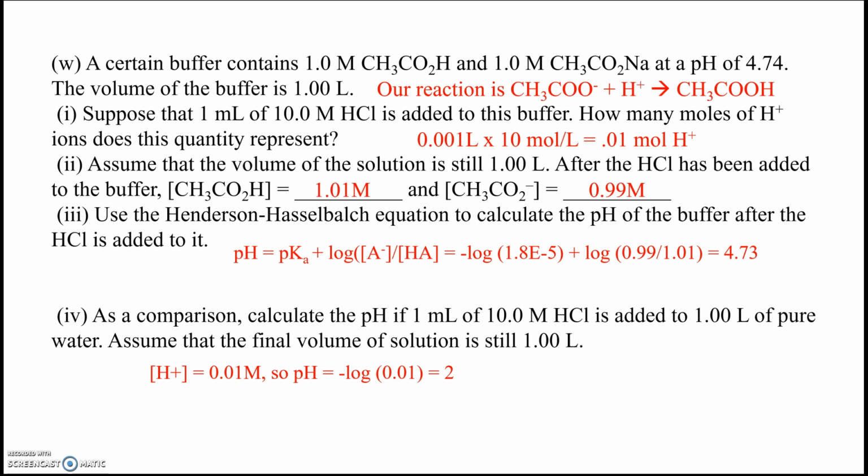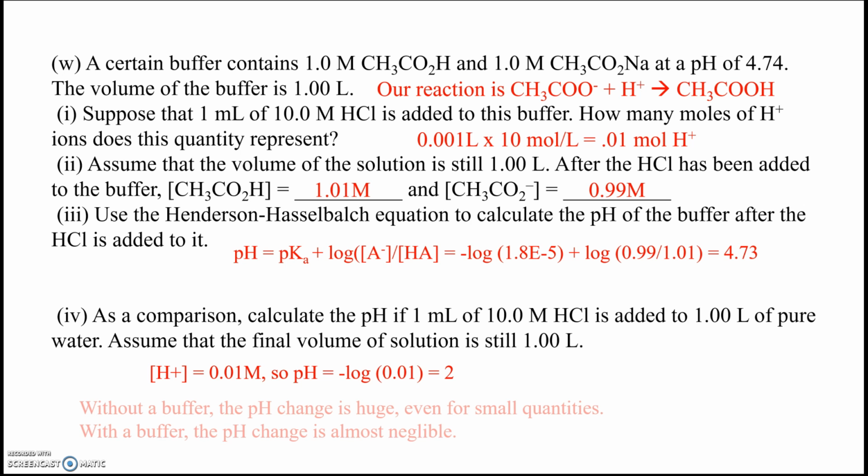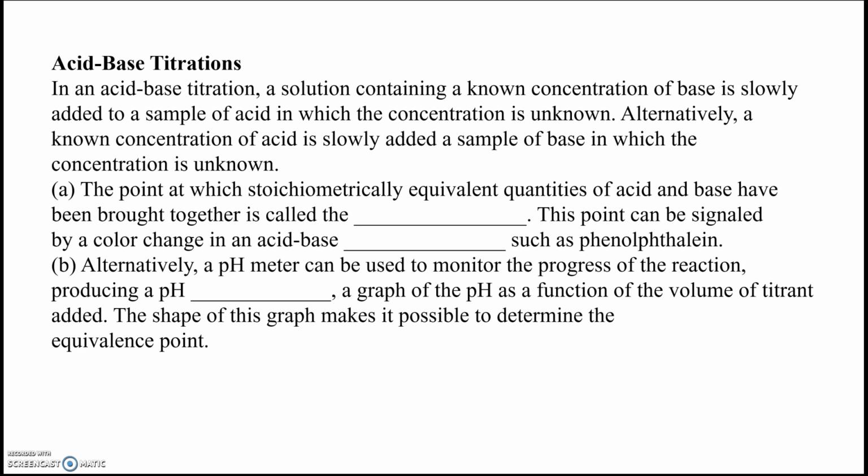Again, a whopping huge change in the pH by adding this concentrated acid to pure water. So, without a buffer, the pH change is huge even for small quantities, but with a buffer, the pH change is almost negligible. Almost.